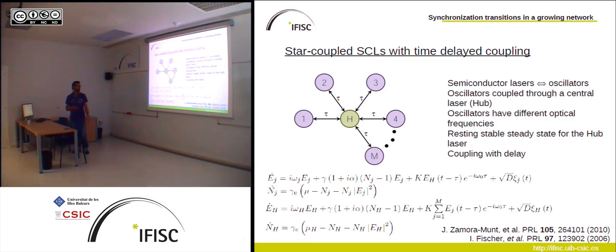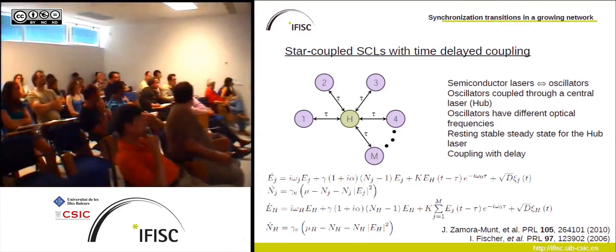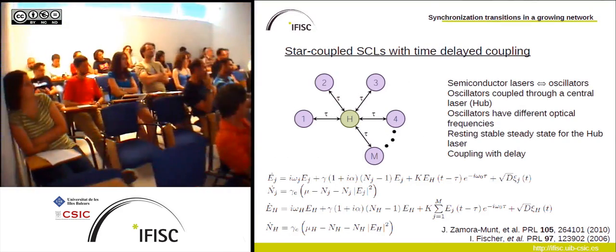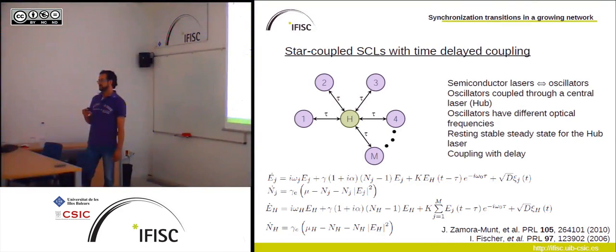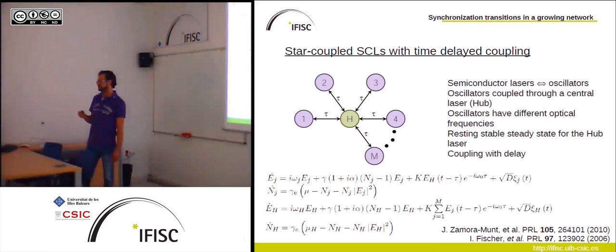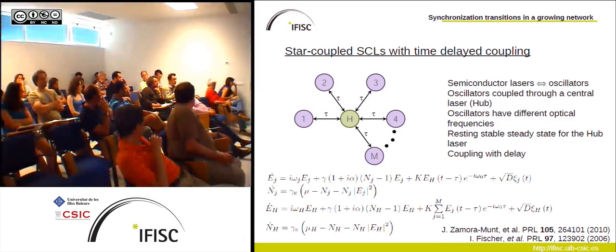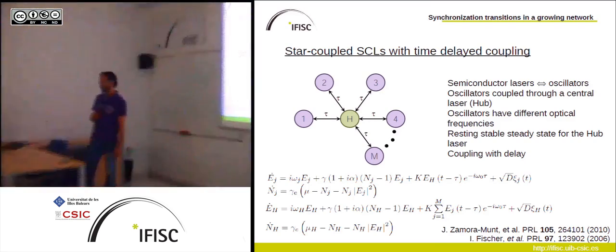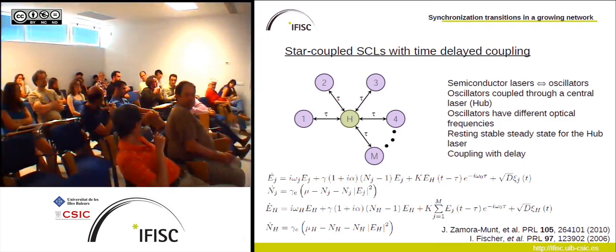It can be observed in the experiments, but this is the main source. What is the origin of this noise? It is the spontaneous emission of the system, the light that comes from the recombination. Right. It's the photons that are emitted by spontaneous emission processes.